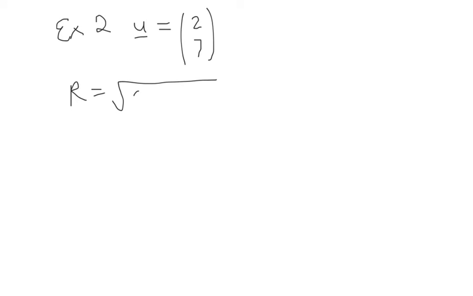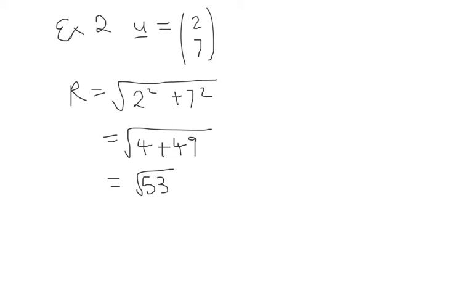Example 2. We will convert u equals (2, 7) into polar form. Calculate r, the square root of 2 squared plus 7 squared. This is the square root of 4 plus 49, square root 53. We can leave it as an exact value, square root 53, or find a decimal.